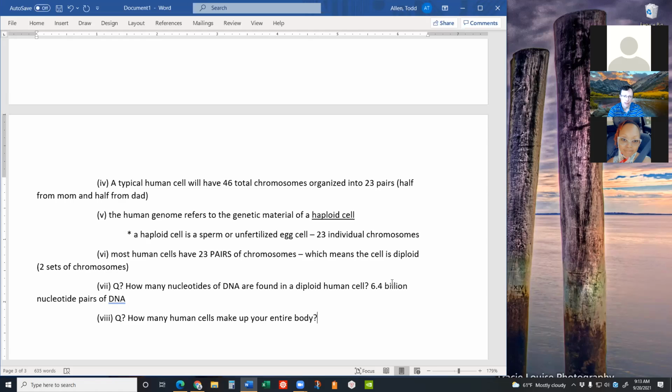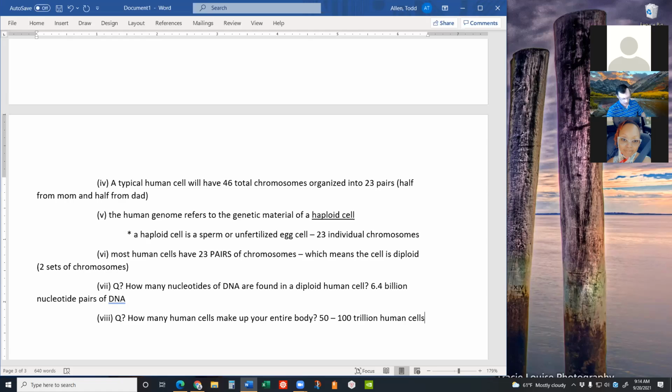That's the estimate. The average human body is made of 50 to 100 trillion human cells. And that is an estimate because nobody's ever actually counted it, because that would be an insanely tedious job that probably could never be accurately done anyway. So estimates based on physical properties of the volume and weights of cells are used to estimate the number of human cells that must be making up our human body.